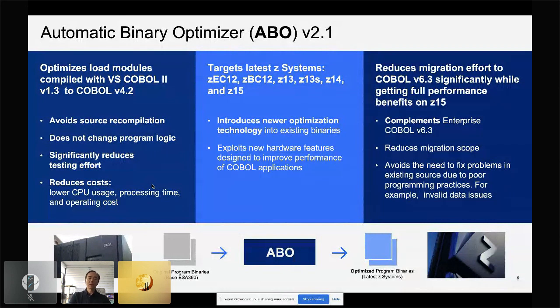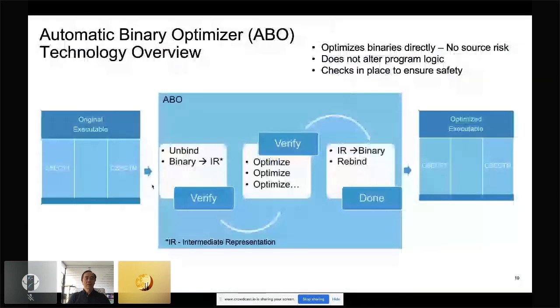I'm going to be talking a little bit more about how it works later. So here's how it works, right? The input to ABO is an original executable. Executables, we all know, have multiple critical sections, or CSECs, in them. ABO takes the original executable as an input.